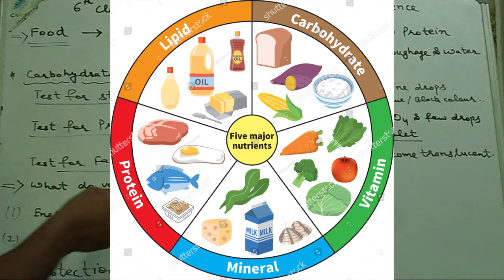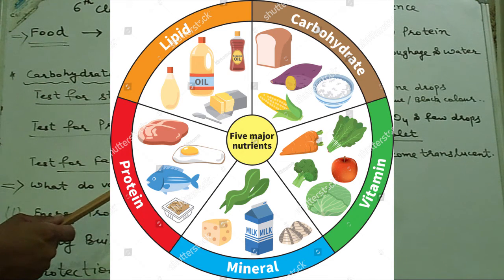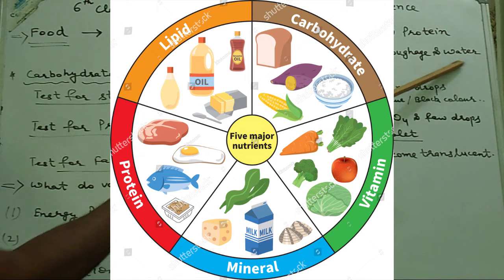Along with these, some additional substances are also needed in food, that is roughage and water.